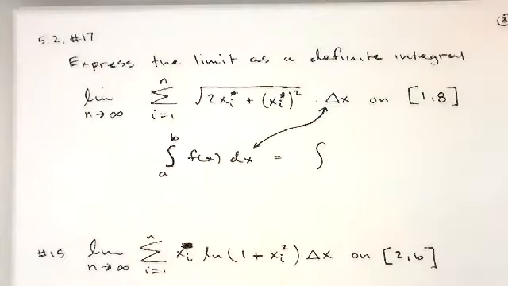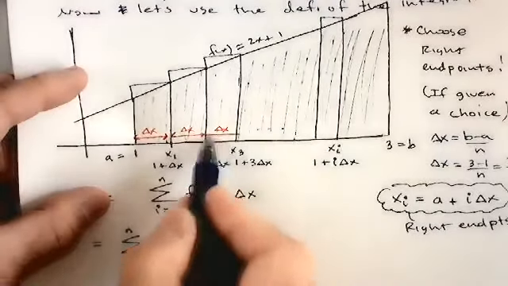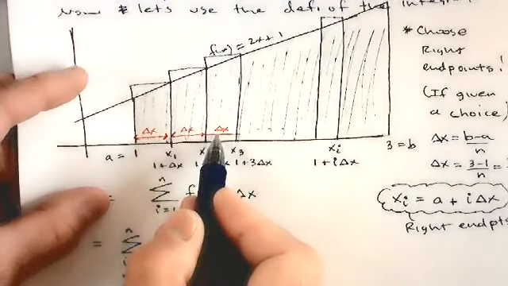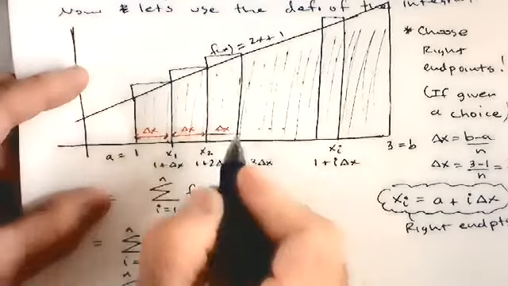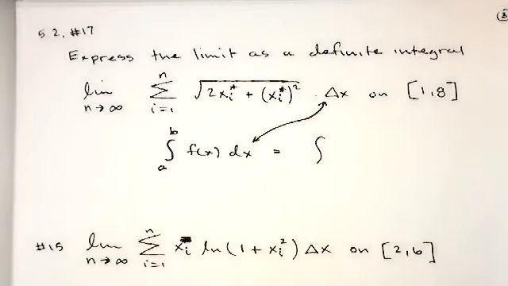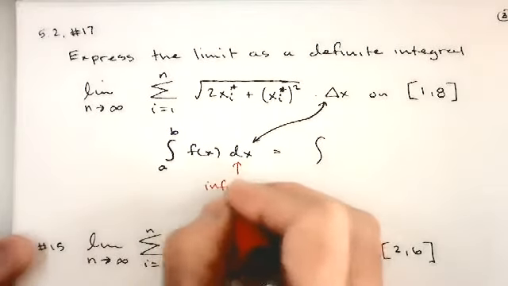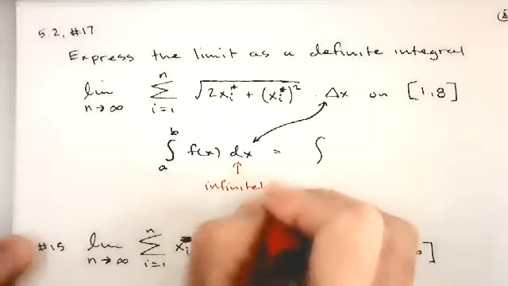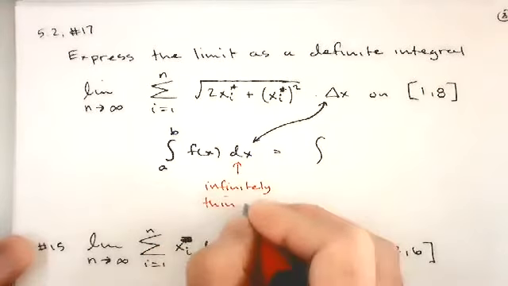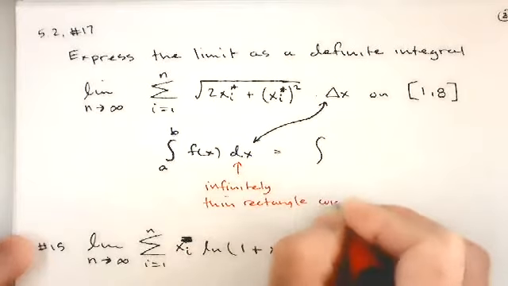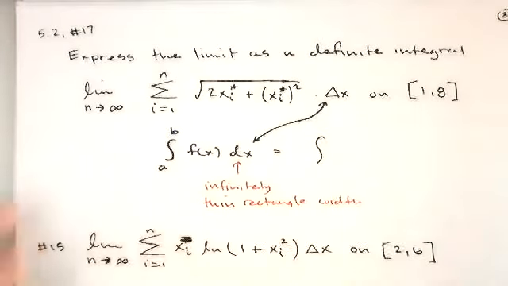You know how delta x represents the width of a rectangle, the one we just did? If you took an infinite number of rectangles, each delta x gets infinitely thin. So that dx literally does represent an infinitely thin rectangle width. When we make it infinitely thin, it's really just dx.